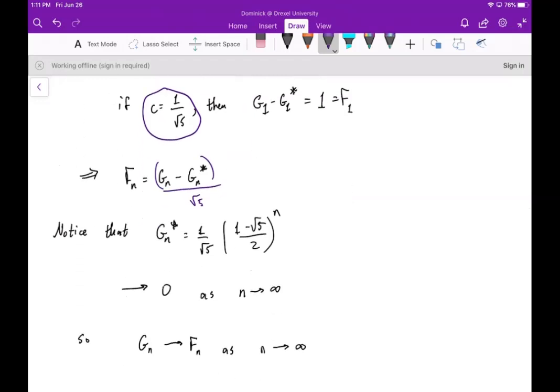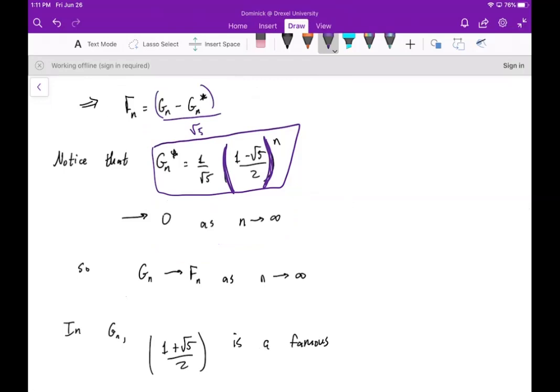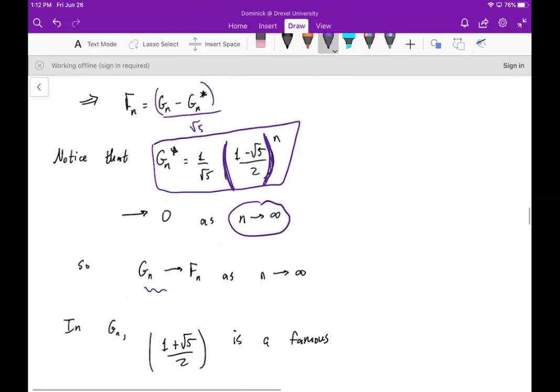One thing that you'll notice here is that the base of this exponent in g sub n star is a negative number with absolute value less than 1, so it's going to go to 0 fairly quickly, and definitely as n goes to infinity. That means that g sub n gets close to your f sub n, your nth Fibonacci number, as n goes to infinity.